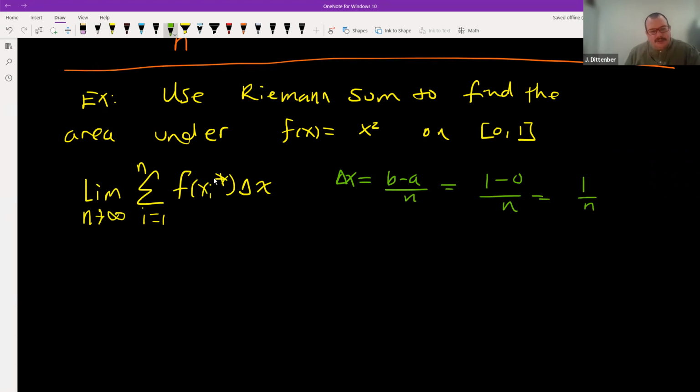Now I can get xi star, which is a plus i times delta x. In this case, we get 0 plus i times 1 over n, so we just get i divided by n.